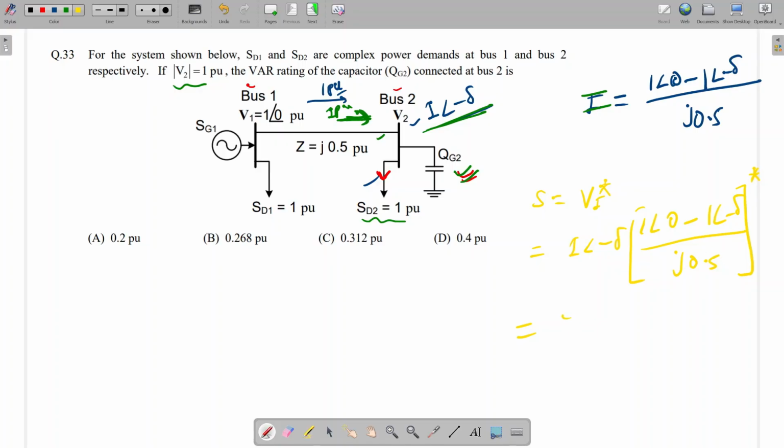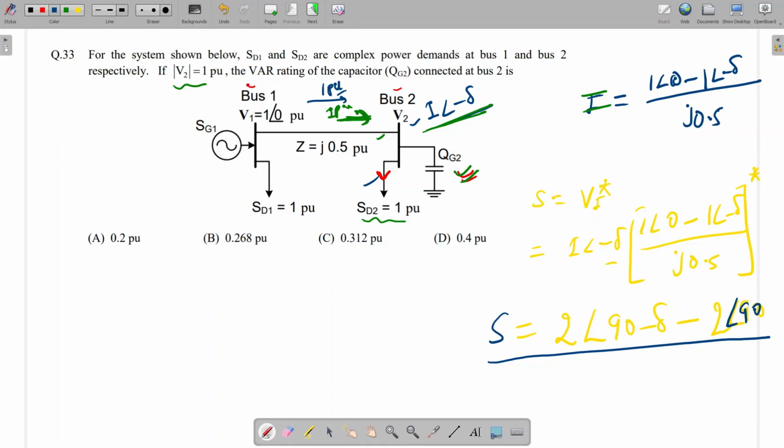So we can write 2 angle 90 minus delta minus 2 angle, so this will be minus delta minus 90. So 90 plus delta, 90 plus delta minus delta, it will be 90. So this will be the equation of the apparent power. S will be 2 angle 90 minus delta minus 2 angle minus 90.